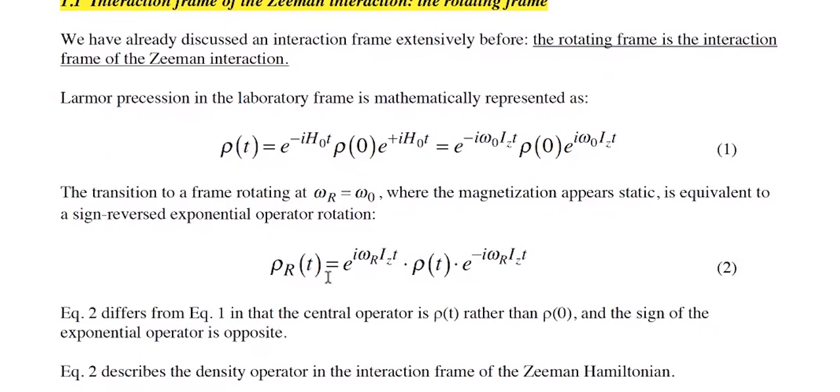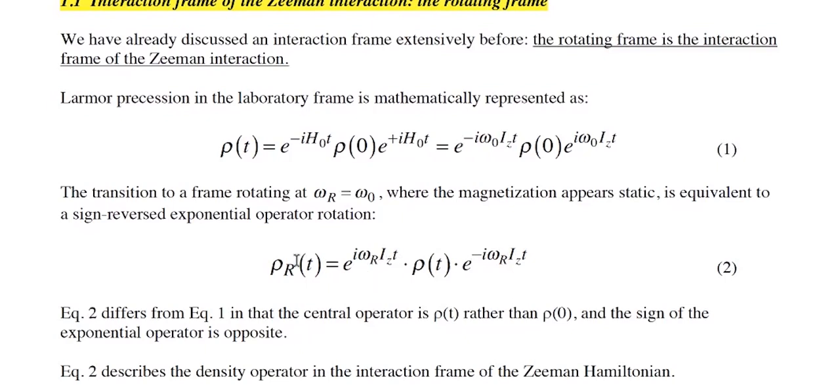The mathematical procedure for transformation into an interaction frame involves taking rho of t, which is in equation 1, in the laboratory frame, and then you have to dress it before and after with, again, exponential operators, e to the i omega_R Iz t in the front, and then the opposite signed term in the back. This omega_R, the big R subscript, is the frequency of the rotating frame.